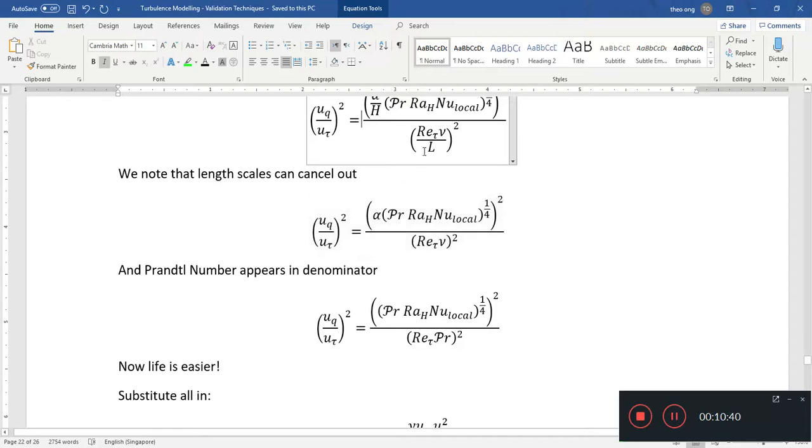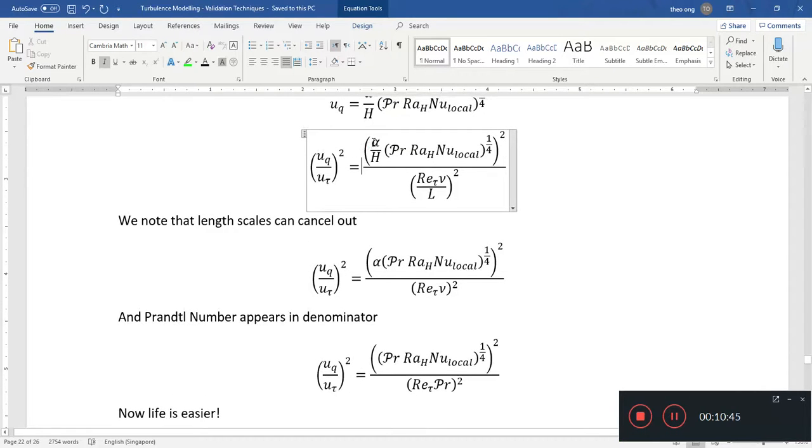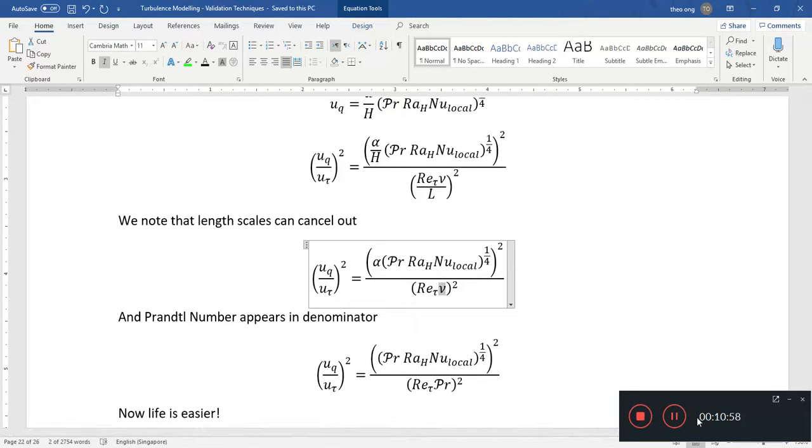And by doing so, I cancel out the length scales and it makes life a lot easier. So right now I have these three dimensionless numbers on top, the friction Reynolds number at the bottom, and you have alpha and nu, which conveniently is our Prandtl number.